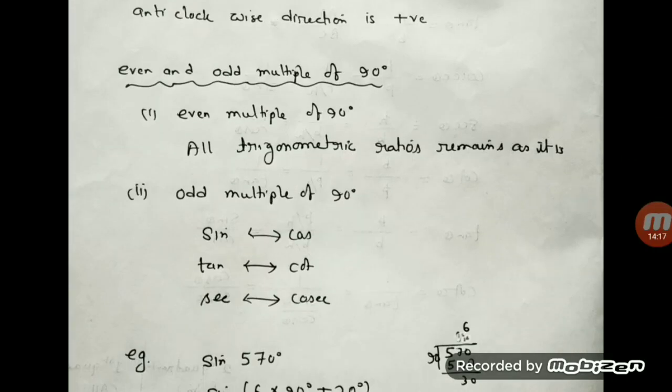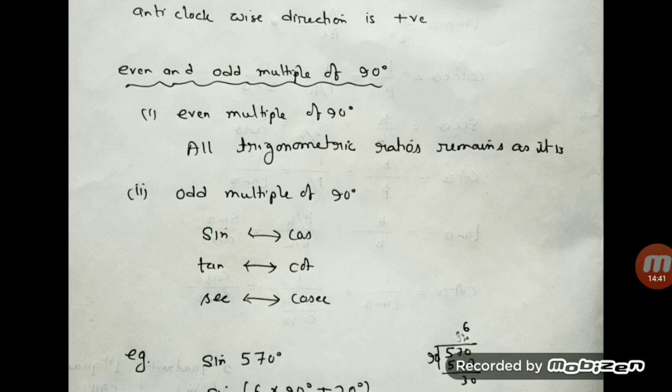In that case, you remember trigonometric ratios are changed. Sine changes to cos, then cos changes to sine. I am giving both side arrow. Sine changes to cos, cos to sine, tan to cot and cot to tan, sec changes to cosec and cosec changes to sec. Remember all these things.